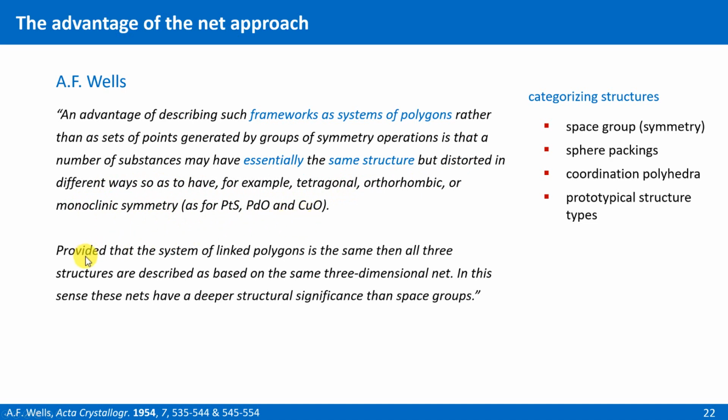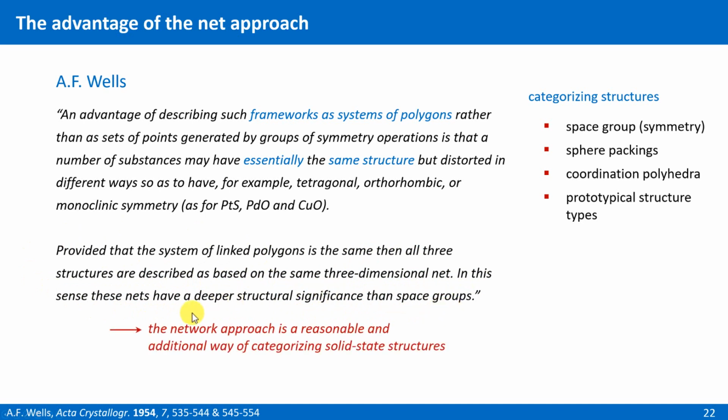And it goes further, provided that the system of linked polygons is the same, then all three structures are described as based on the same three-dimensional net. And in this sense, these nets have a deeper structural significance than space groups. We can summarize this as: the network approach is a reasonable and additional way of categorizing solid-state crystalline structures.